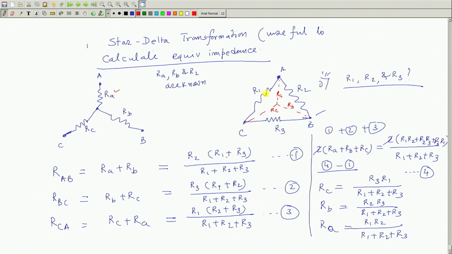This one, product of these two, R1R2, divided by the sum of these three. What will be RB? R2R3 divided by the sum of these three. What will be RC? RC will be R1R3 by R1 plus R2 plus R3. Therefore, this will be helpful for delta to star conversion.